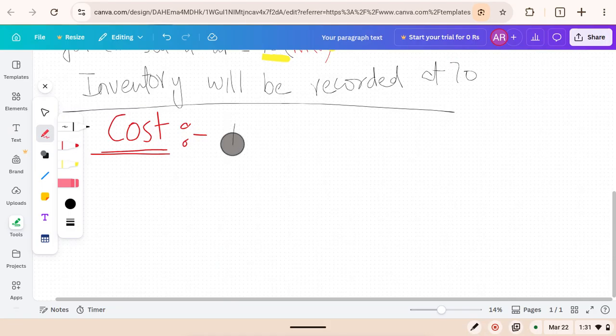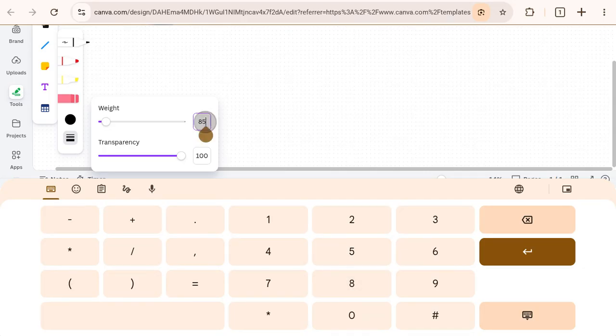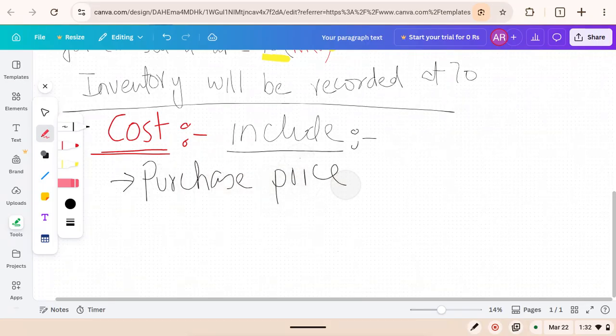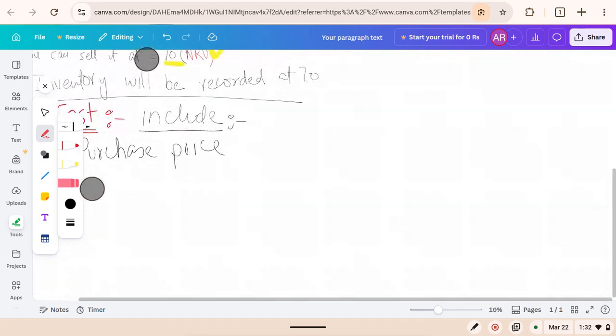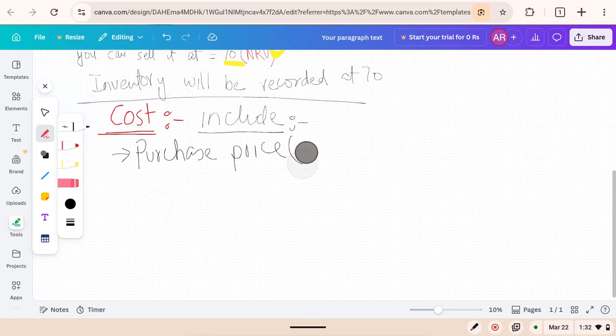Cost includes purchase price, or in simple words, invoice price.